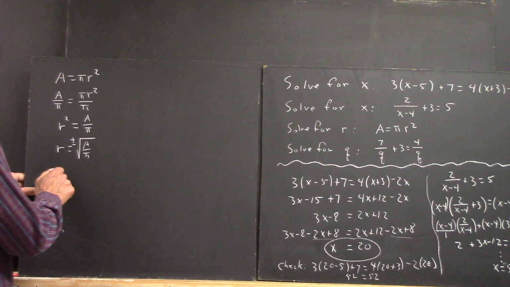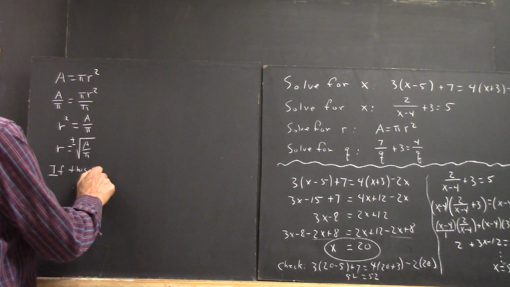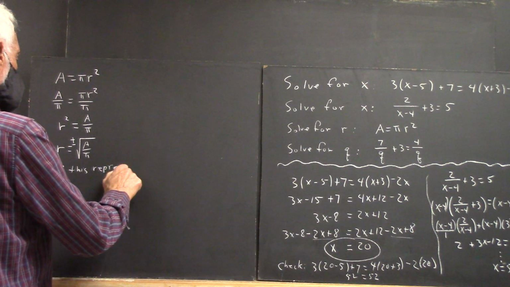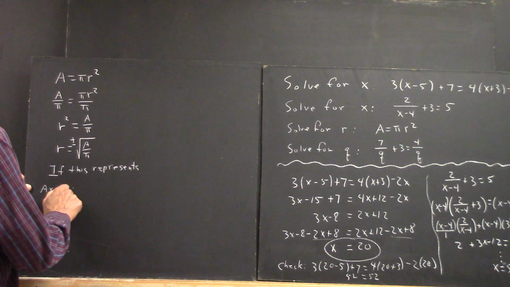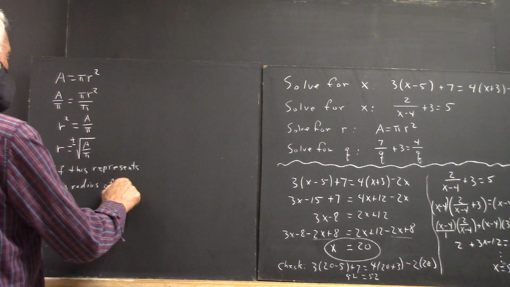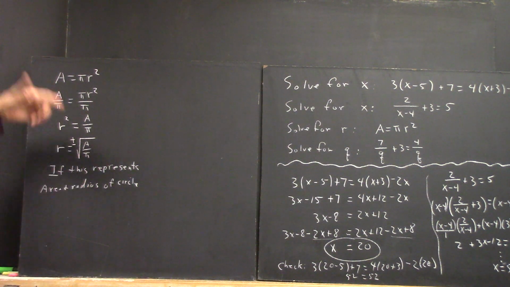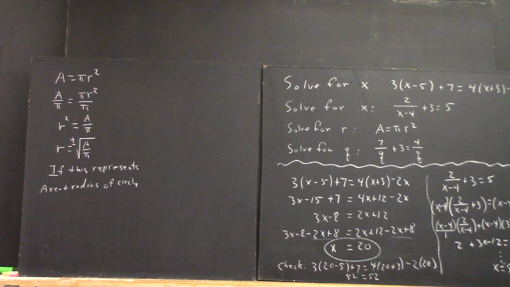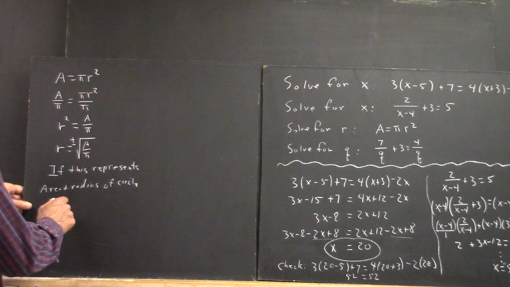Now, I should say, if A and R respectively represent the area and radius of a circle, but I don't want to spend that much time writing, it's pretty obvious what I mean.